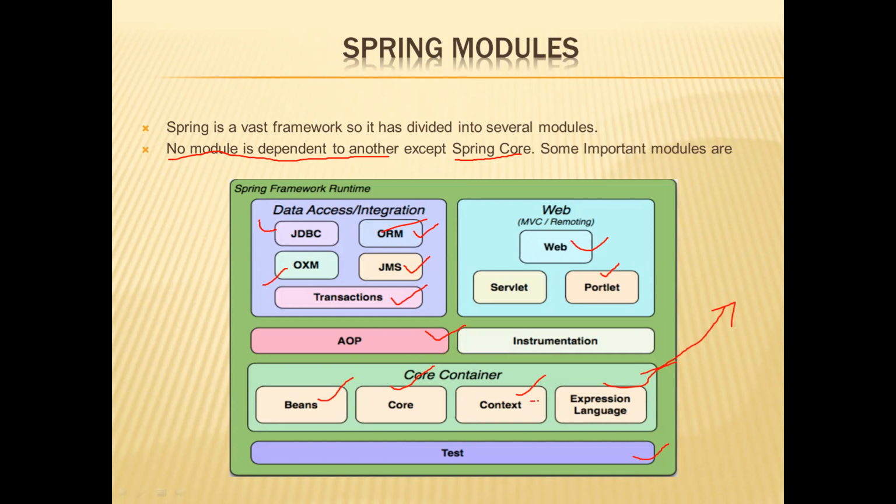And even the context module, here you are able to see the context module. This context module is provided on top of the core, and it supports internationalization, I18N, JMS, EJB, remoting, like advanced concepts.